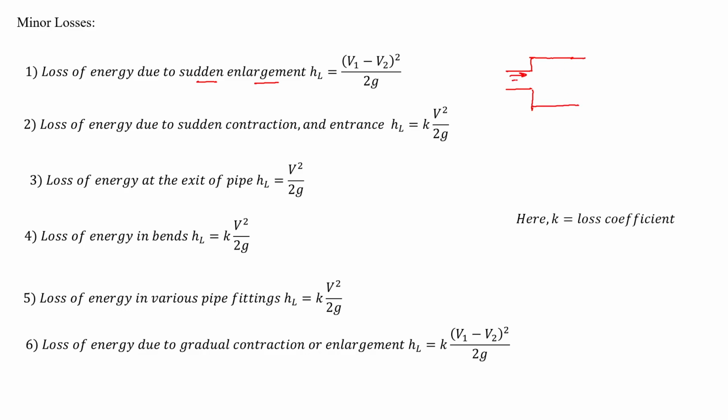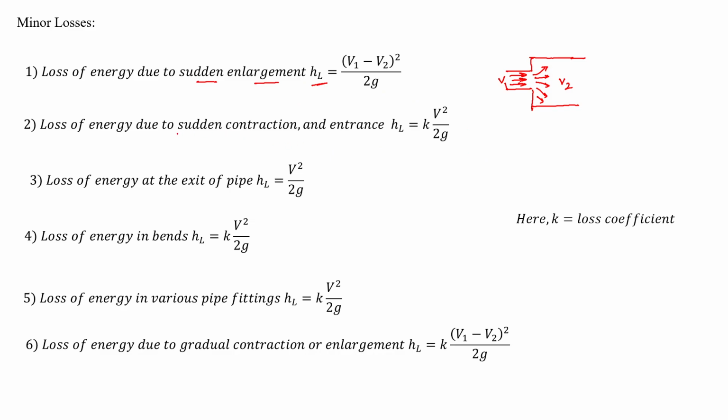Until this point the water is coming with a higher velocity v1, and as soon as the diameter increases, the flow experiences a decrease in velocity from v1 to v2. If we compute the difference in terms of head, it will come as (v1 minus v2) whole square by 2g, which is the loss of energy due to the enlargement.